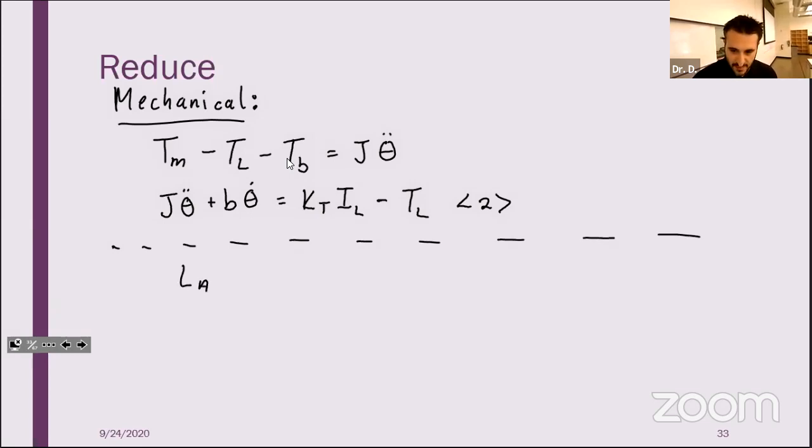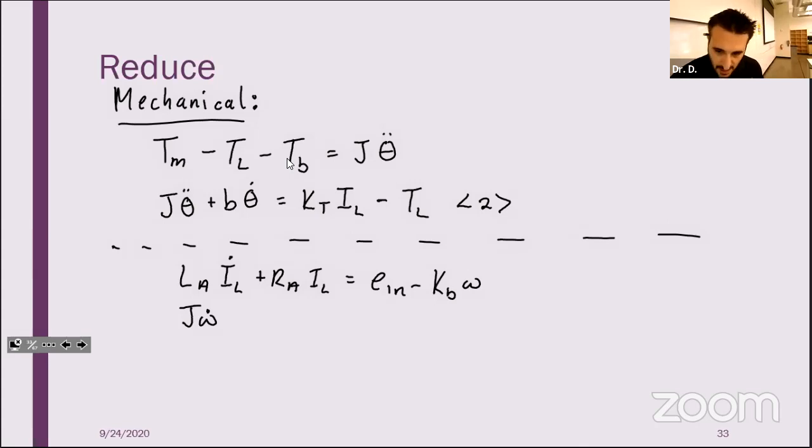Well, if I take my first equation, E in equals E in minus, well, this was KB theta dot, right? I'm just going to change theta dot to omega. Similarly, I can change all of my theta dot to omega and my theta double dot to omega dot.